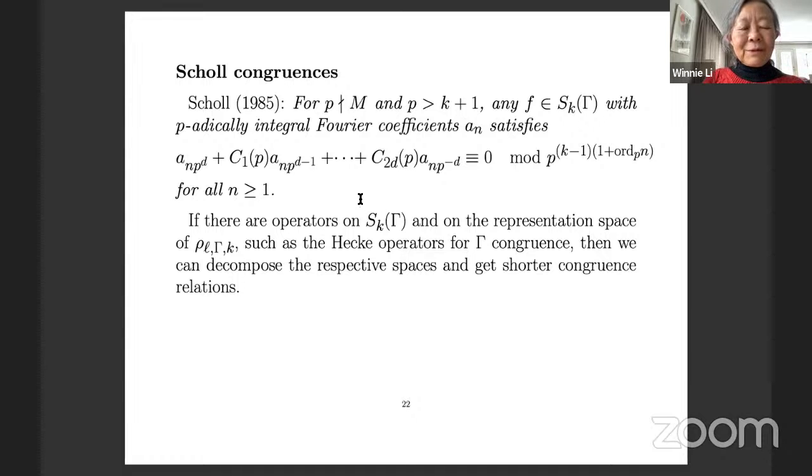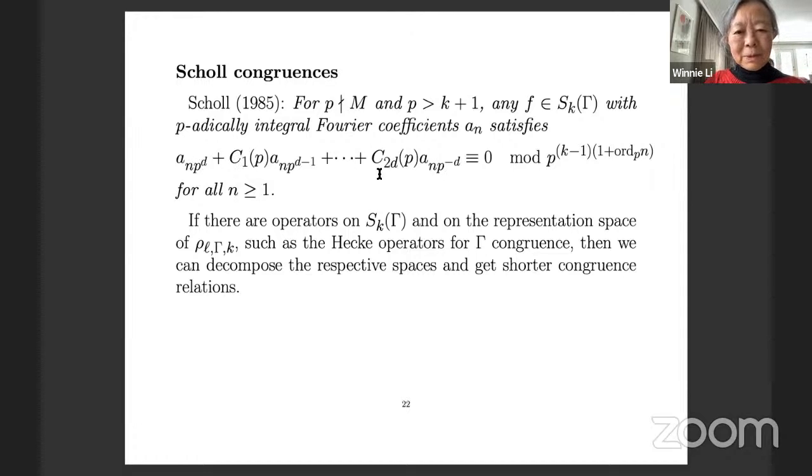And he further showed that if p is large enough, and if we take a form f from this non-congruence subgroup of weight k, and suppose that its Fourier coefficients are p-adically integral, then the Fourier coefficients of f satisfy a long congruence relation.